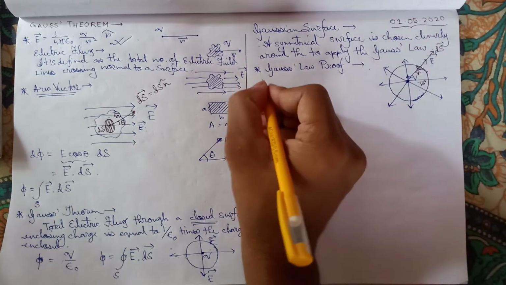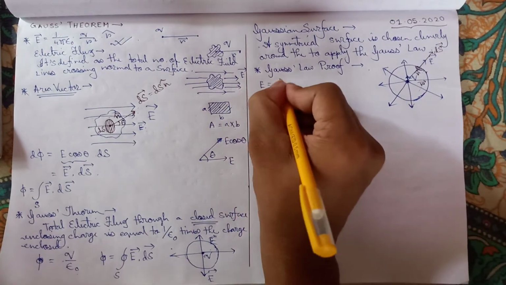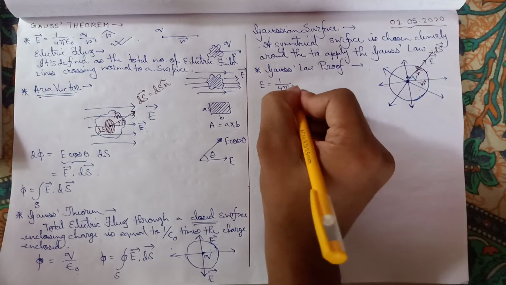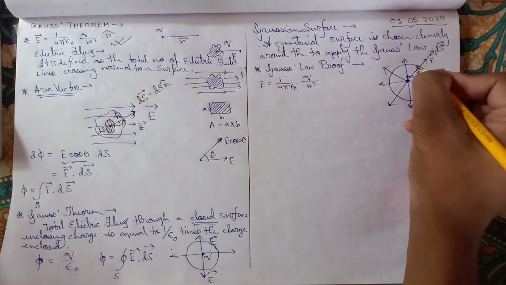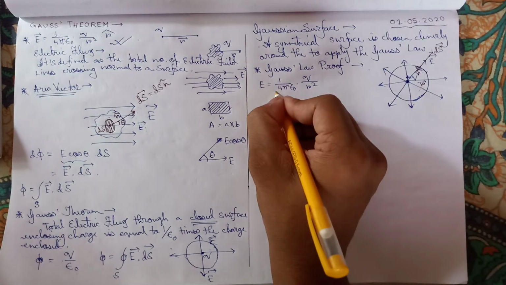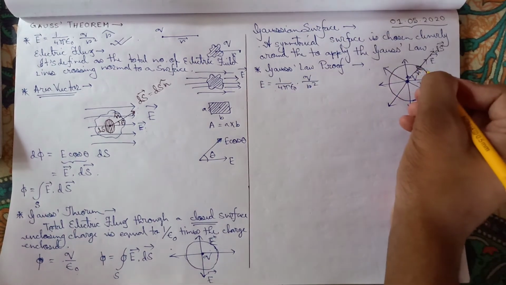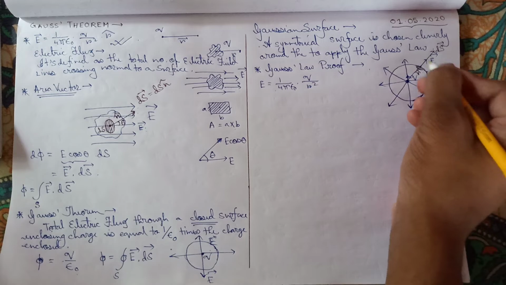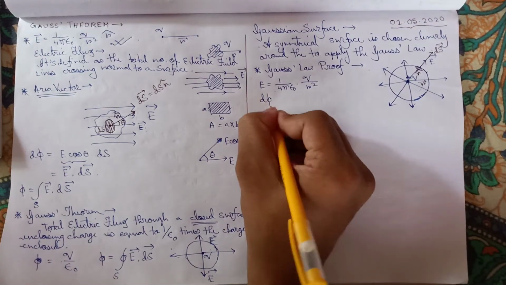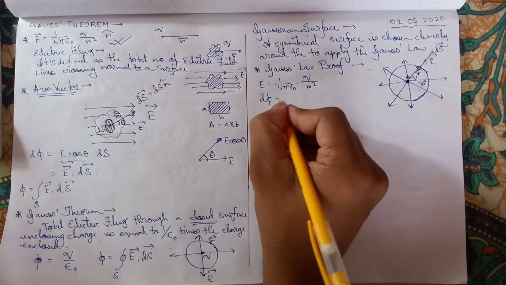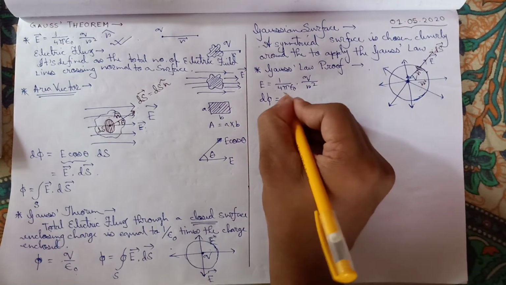From the electric field equation, we know the electric field E equals 1 by 4 pi epsilon naught, q by r square. The electric field at this point will be that. And from the definition of electric flux, d phi will be E dot ds.